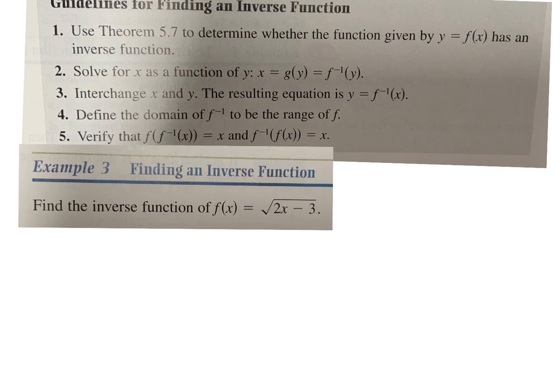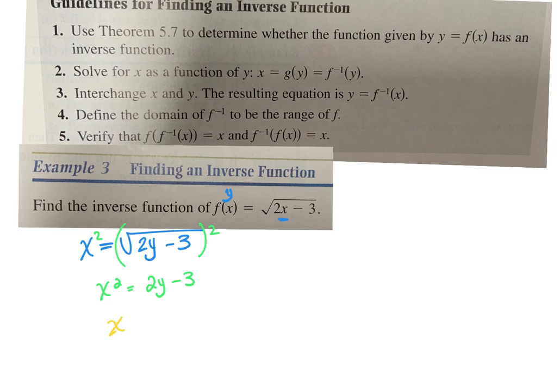Well, the first thing I'm going to do is switch my x with my y. So instead of y equals the square root of 2x minus 3, I'm going to have x equals the square root of 2y minus 3. I am going to get rid of that square root by squaring both sides. So x squared equals 2y minus 3.